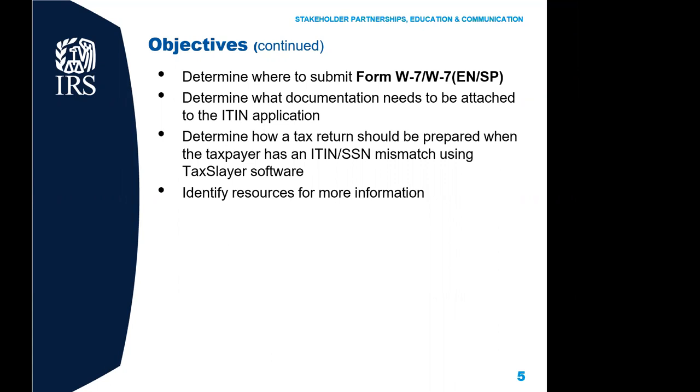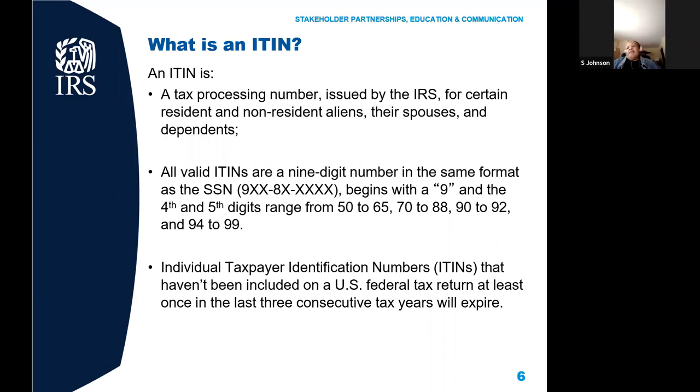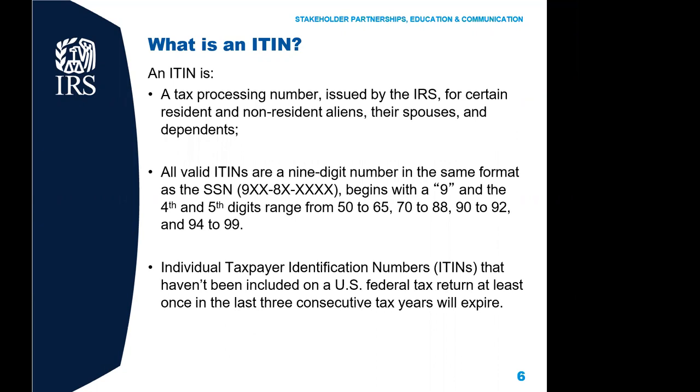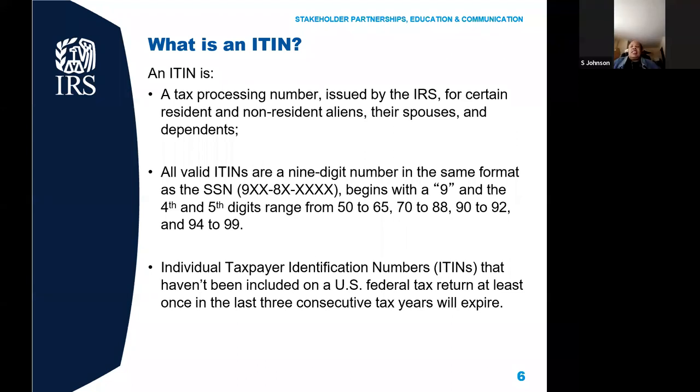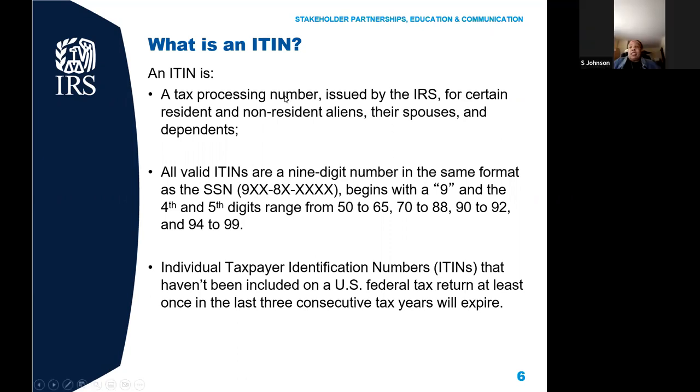As we continue to the next slide, what is an ITIN? An ITIN is a tax processing number issued by the Internal Revenue Service for certain resident and non-resident aliens, their spouses, and their dependents.